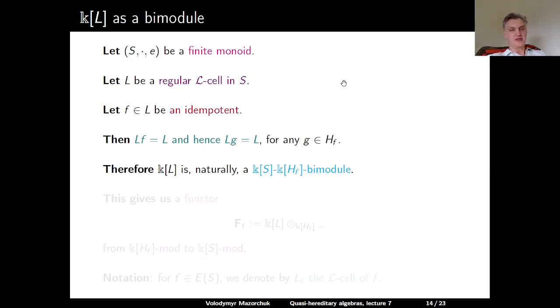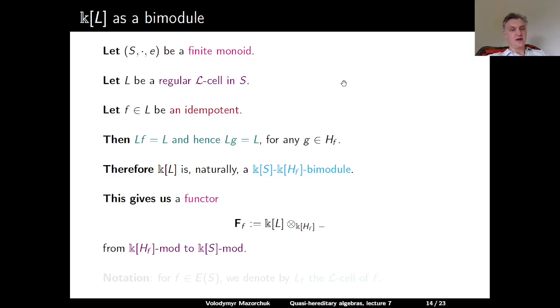where the left action is the action of K of S, our monoid, given by left multiplication, and the right action is the action of K of HF. So that's a maximal subgroup for our idempotent F. And this action is given by the right multiplication. So in particular, this gives us a functor. We can tensor with our bimodule K of L on the right over K of HF.